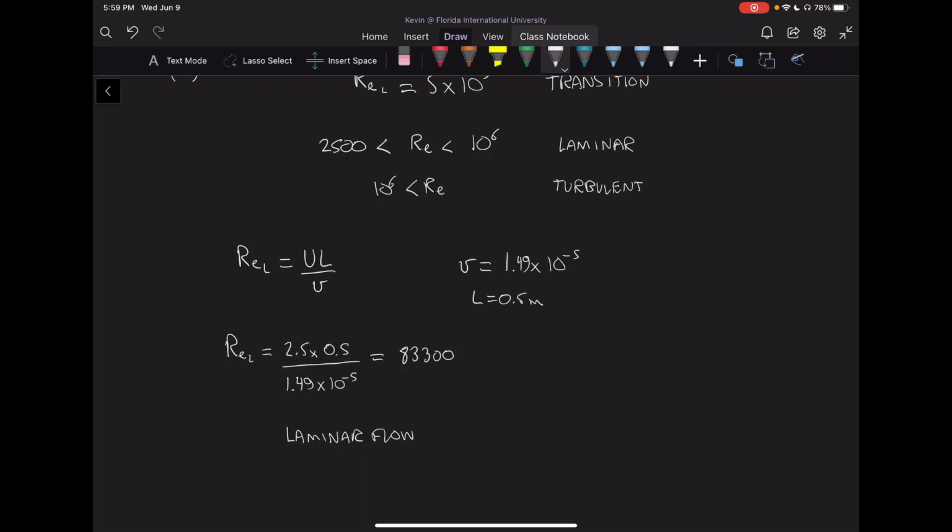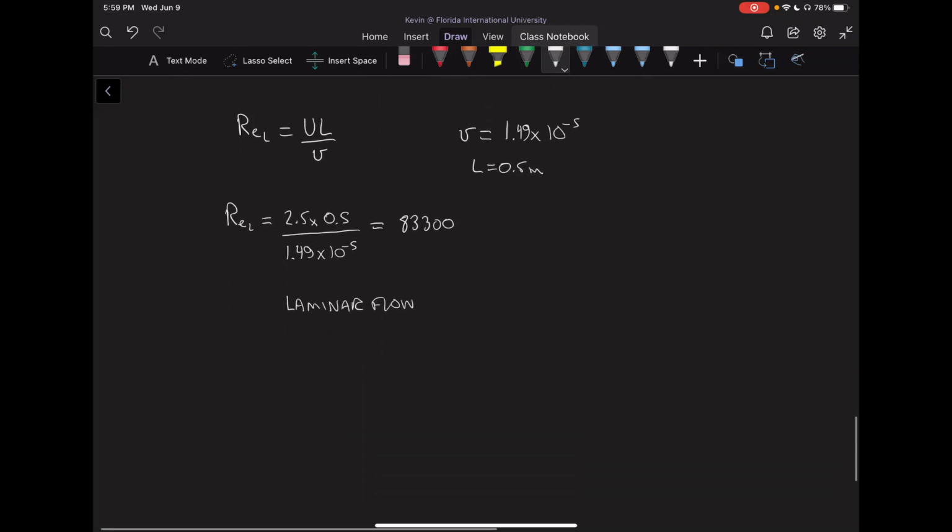Now, in order to find the drag for one side, we're going to have to use the coefficient of drag equation. So we know that the coefficient of drag is equal to 1.328 over Reynolds L to the 1/2.